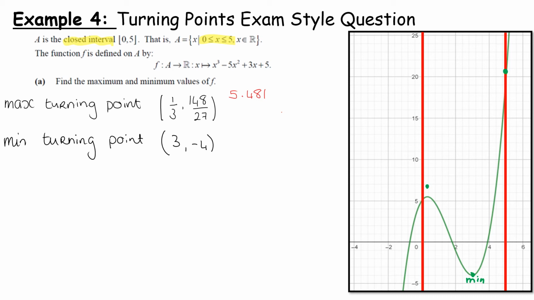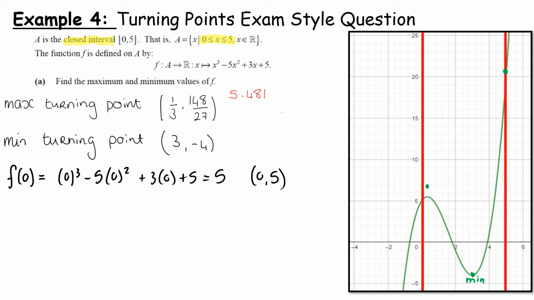So that means in order to understand if we have actually got the true maximum and true minimum, we need to find two other points, and that point is f of 0, so the start of the interval. That will be 0 to the power of 3 minus 5, 0 squared, plus 3 times 0 plus 5, which is equal to 5, so that's the point 0, 5.